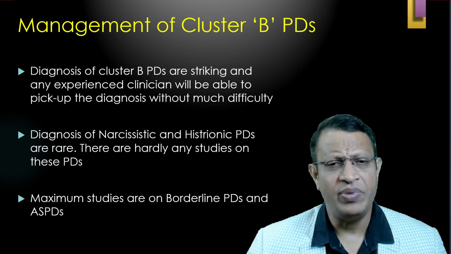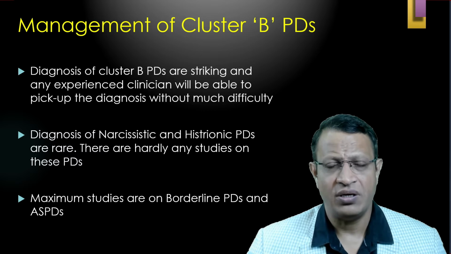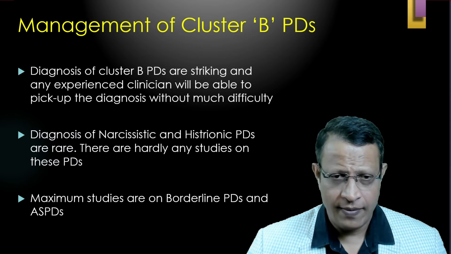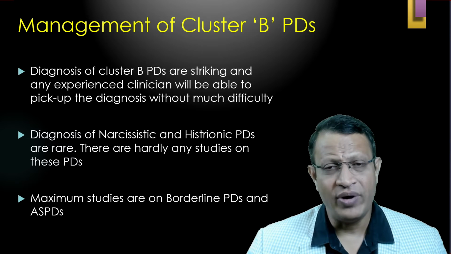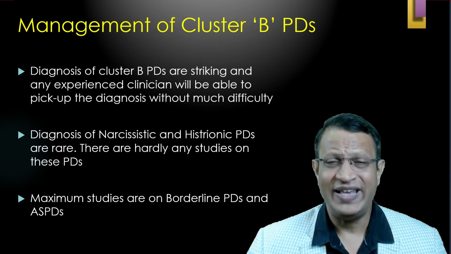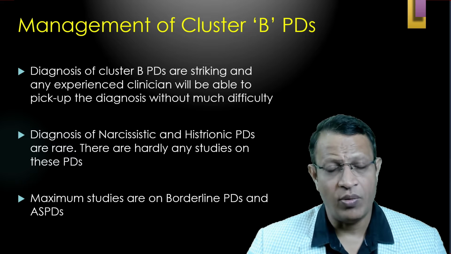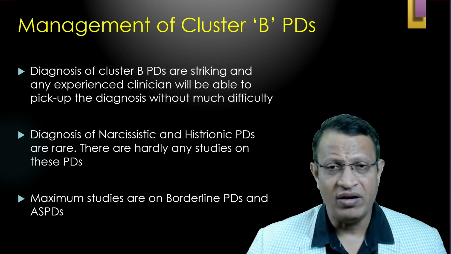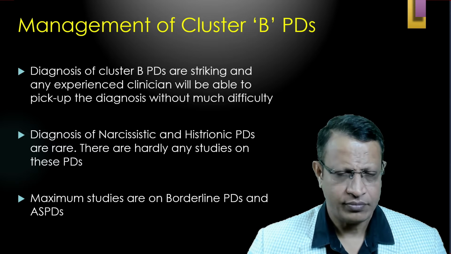Diagnosis of cluster B personality disorders is striking, and any experienced clinician can diagnose based upon the OPD assessment only. But to completely diagnose, it would be prudent to subject them to various clinical tests, detailed clinical evaluation, gathering information from all possible sources, collateral information, and observation, and only then make a diagnosis.